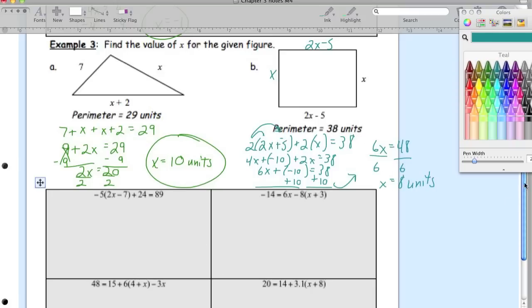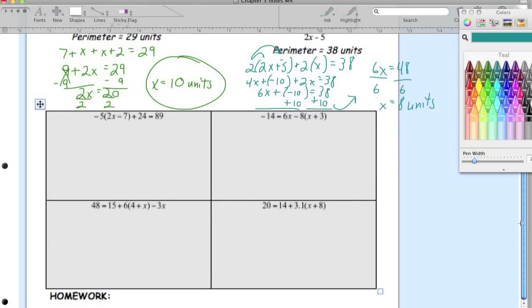All right, let's take a look. We'll try 1 or 2 down here. The first one, each side is an expression, so I'm going to add the opposite and then distribute. Negative 5 times 2x is negative 10x, plus negative 5 times negative 7 is 35, plus 24 equals 89. Next, it's still an expression.